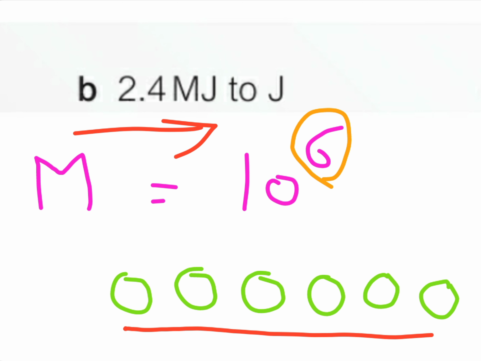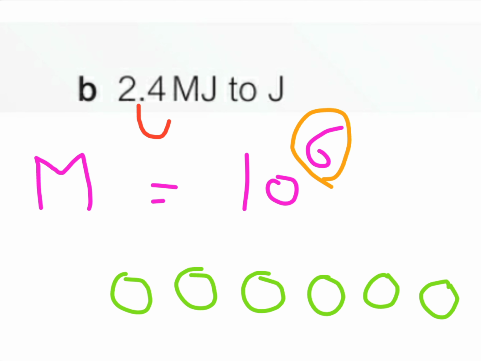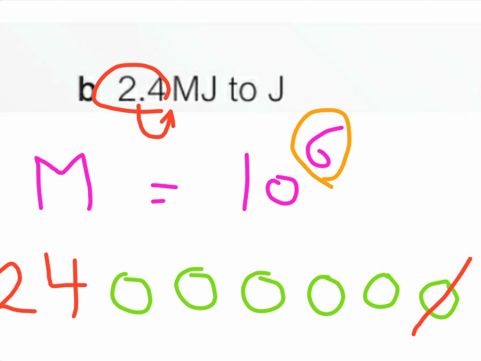So I'm going to move the decimal point to this side to get rid of it, and I will lose one of the zeros. And then I will take the 24 and put it here. So this is the answer. Do you understand this, guys? So it's 2,400,000. I lost one of the zeros because I moved the decimal point. So each time I move the decimal point, I lose a zero. This is the rule of multiplying by a number with zeros.